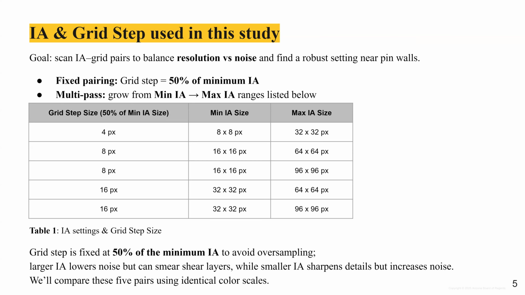Larger windows usually lower noise but can smooth the shear layer, while smaller windows sharpen details but raise noise. All results I show later use the same color scale, so differences come from the setting, not from the color map.